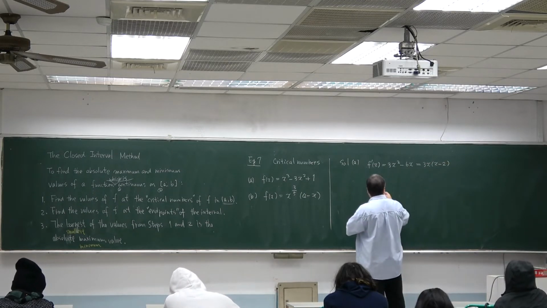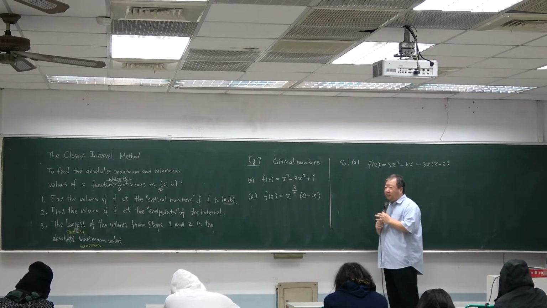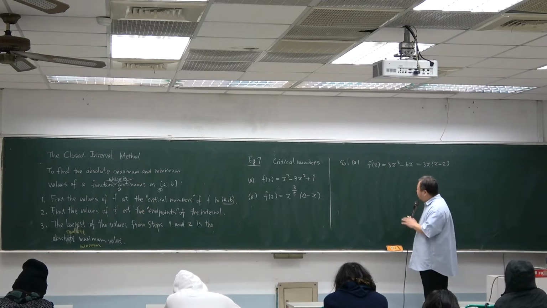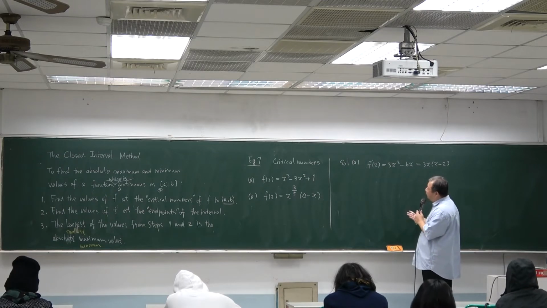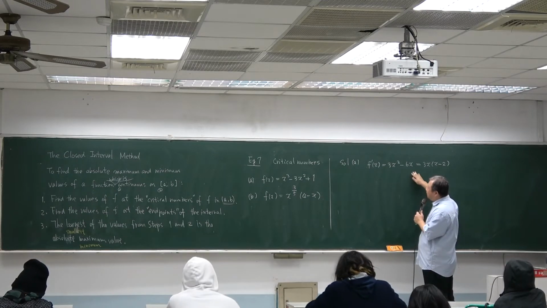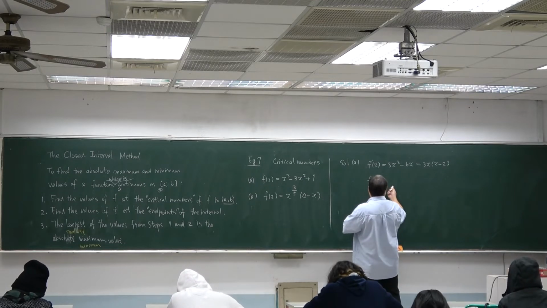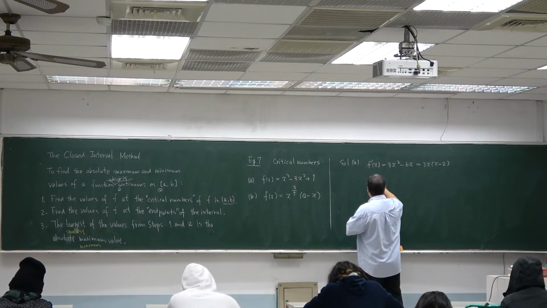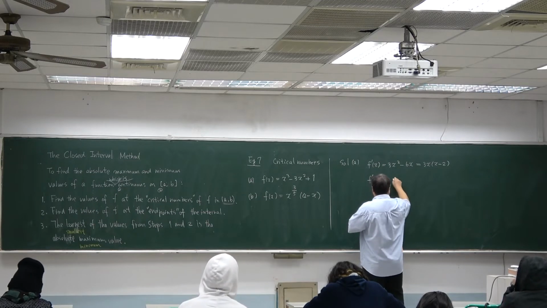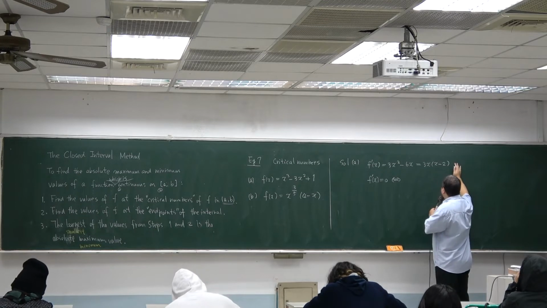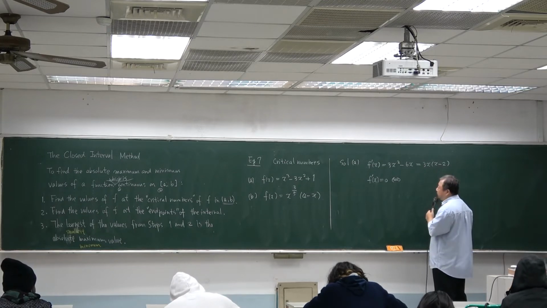Because this is a polynomial function, it is differentiable everywhere. So to find the critical number of this function, we simply solve this equation. And if this is 0, then one of the three numbers will be 0.